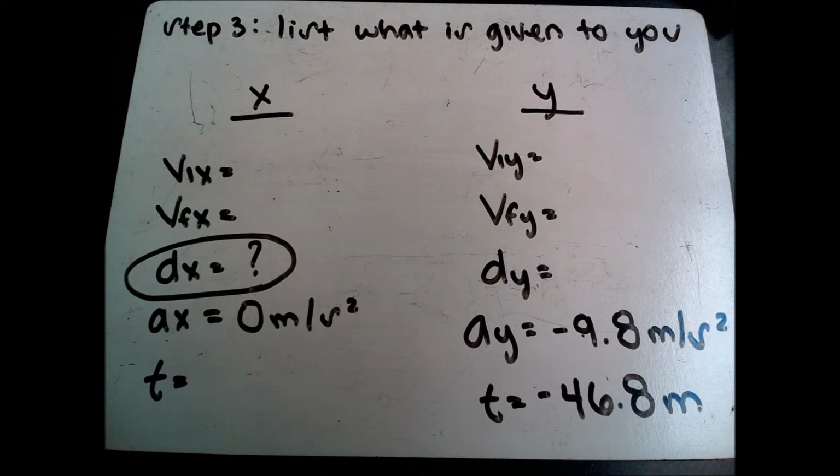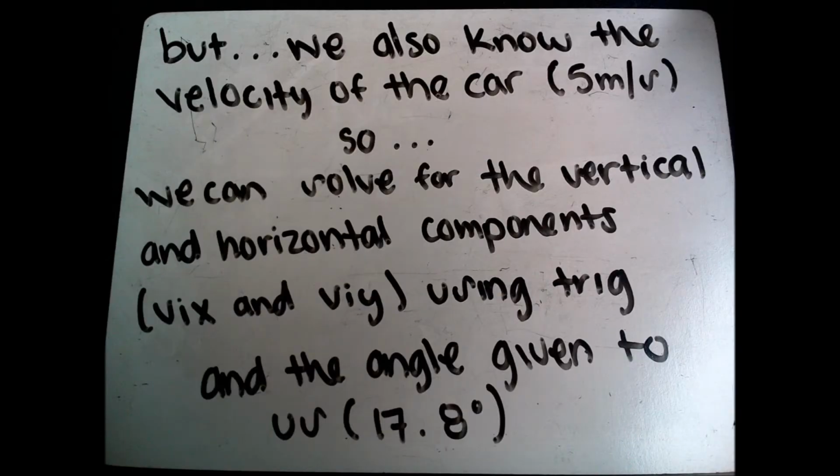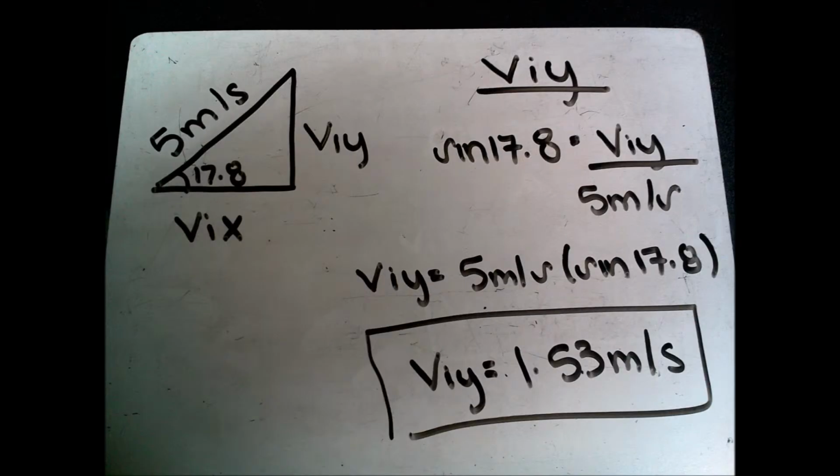So, because we know that the car's velocity is 5 meters per second, we can solve for the vertical and horizontal components Vix and Viy using trigonometry and the angle given to us, 17.8 degrees. With this in mind, we can solve for Viy using sine of 17.8 with the equation Viy equals 5 meters per second times sine of 17.8, which gives us Viy equals 1.53 meters per second.